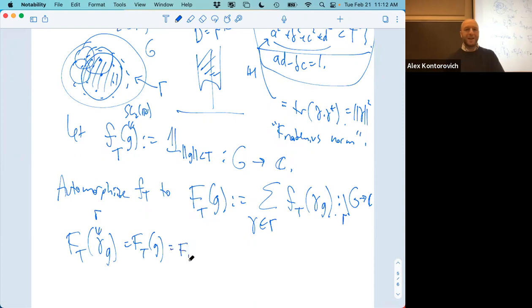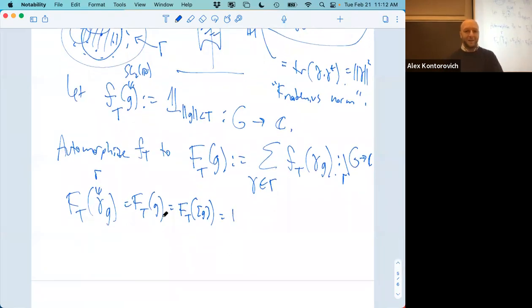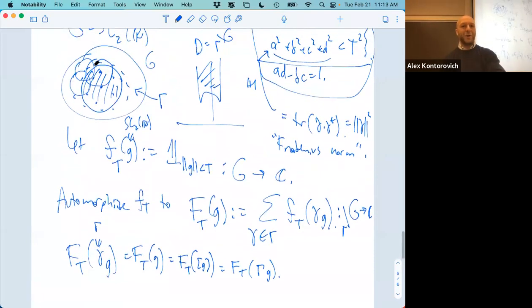Some people like to write this as the class of G, or the coset of G. So it takes values in cosets, Gamma cosets. It takes the same value on any coset. So you are decomposing all of G into Gamma cosets, which this is a fundamental domain for.